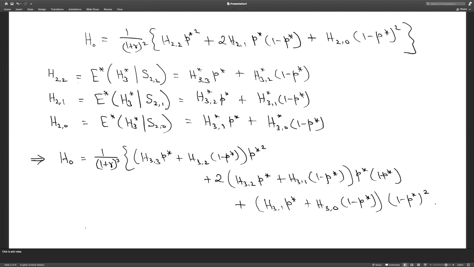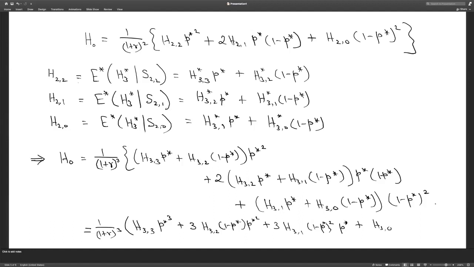So everything together you can write as 1 by 1 plus R the whole cube into H33 P star cube plus 3 times H32 1 minus P star into P star square plus 3 times H31 1 minus P star square P star plus H30 1 minus P star the whole cube.